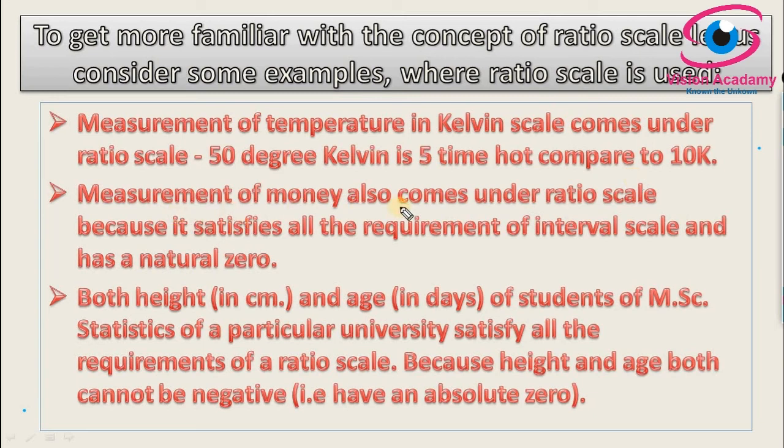And measurement of money also comes under ratio scale because it satisfies all the requirements of interval scale, and also it has a natural zero. So when money satisfies zero also after satisfying interval scale, it comes under ratio scale.